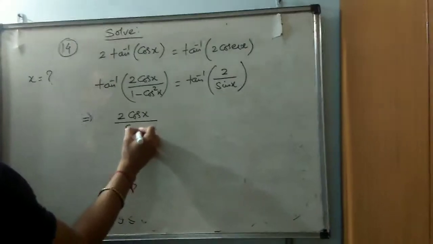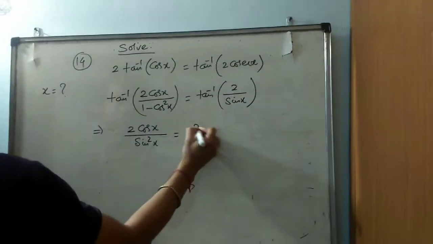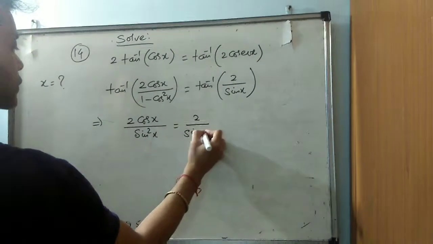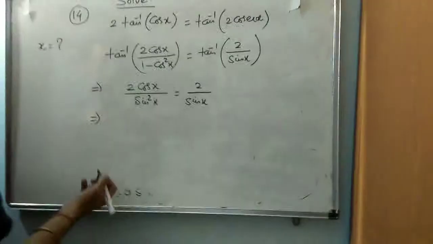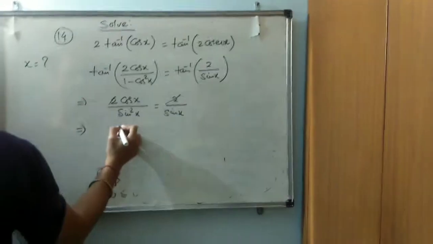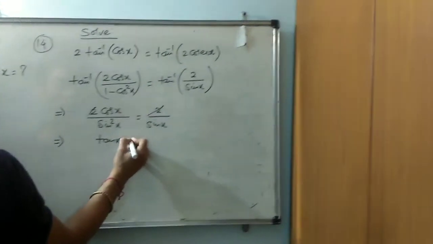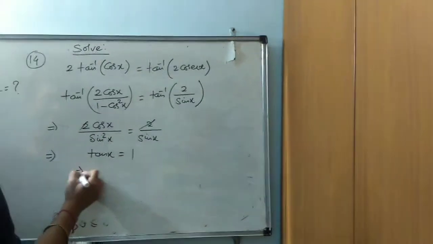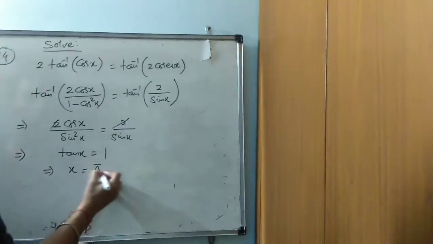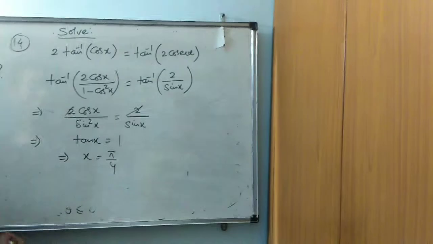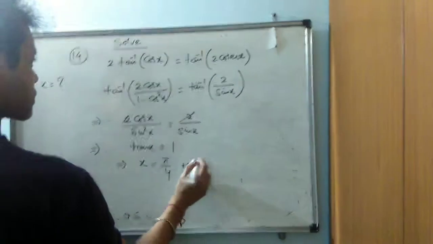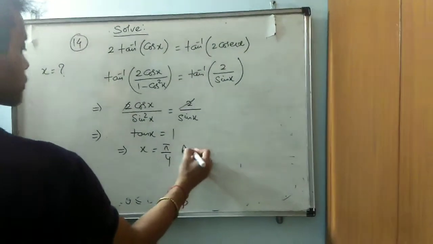On comparing, we can say this is equal to 2 cos x upon sin square x is equal to 2 upon sin x. When we simplify, we are getting tan x is equal to 1, which gives us x is equal to pi by 4. Hence it is good. Next one is the value.